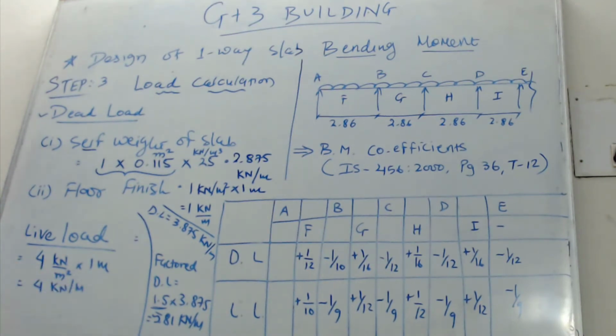Again, we need to factor this live load. So factored live load will be again 1.5 multiplied by 4, which comes out to be 6 kilonewton per meter. So this is how we calculated the dead load and live load.